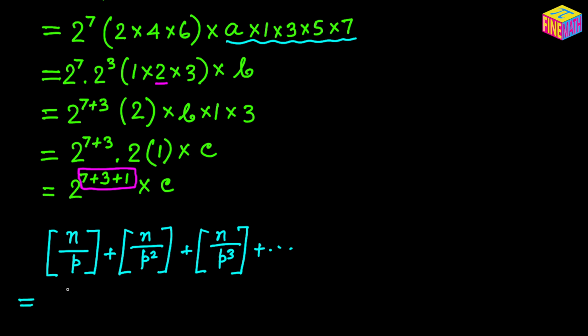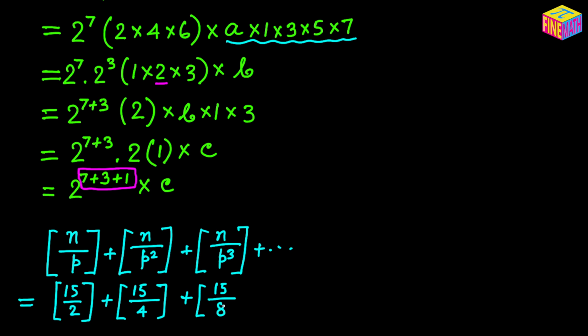Well, it will be greatest integer of 15 divided by 2. 2 is our prime number in this example. Then it will be 15 divided by 2 squared, which is 4, and then again 15 divided by 2 cubed, that is 8. And then do we need to continue anymore?